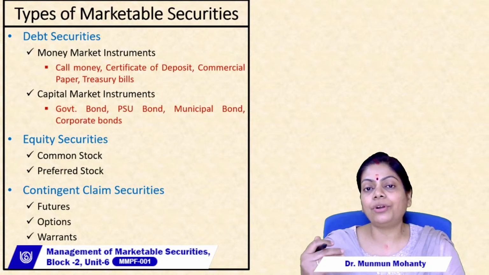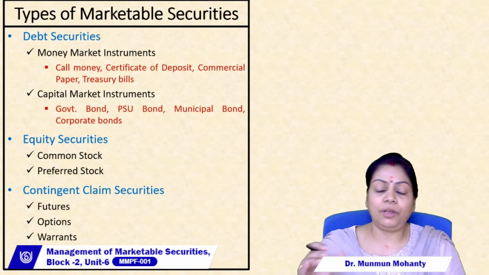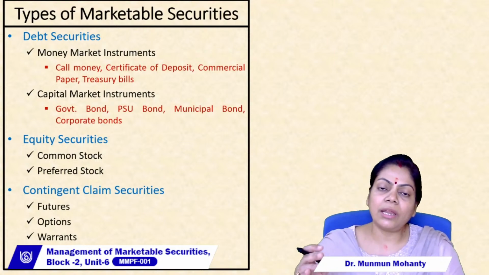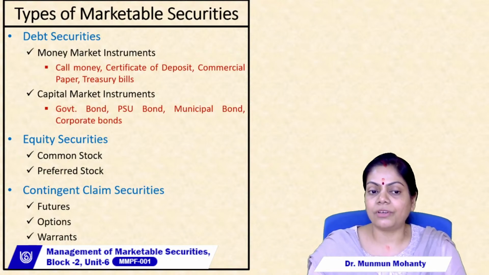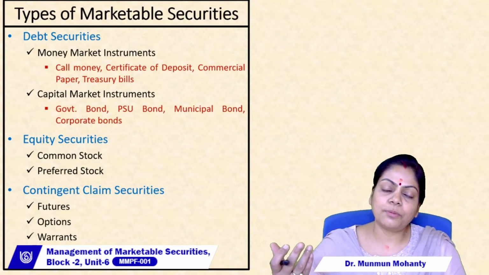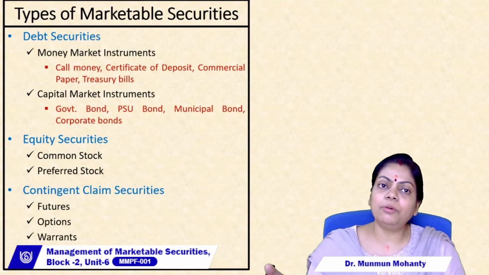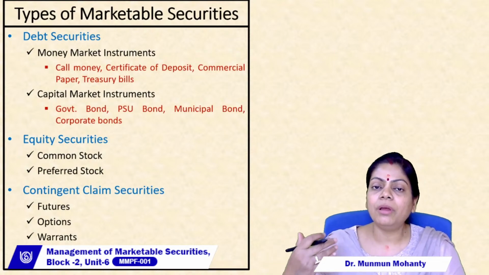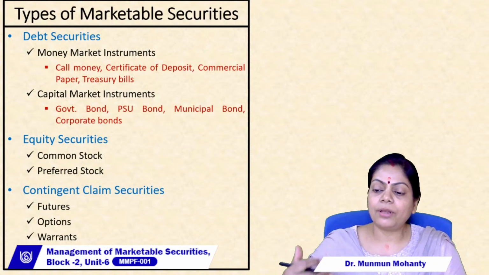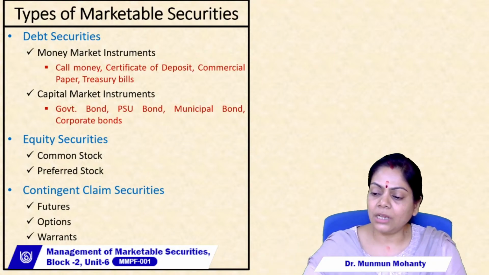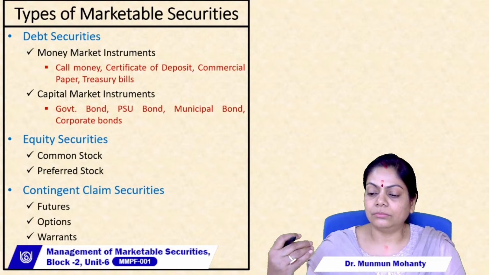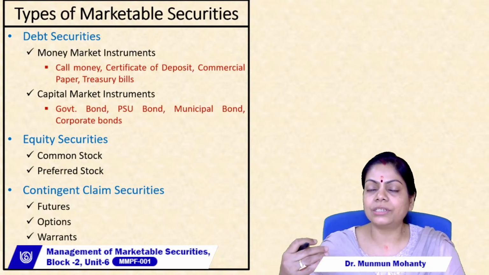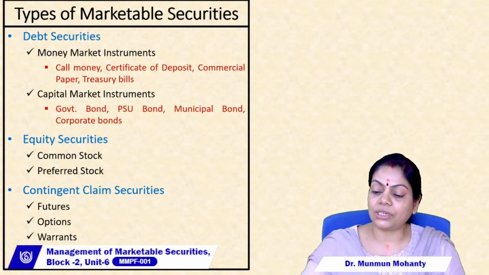It is usually not redeemed before maturity, but because it is negotiable, if you want liquidity before maturity, you can sell it to another investor, who will present it to the bank, and the bank will give him the interest plus the principal back. Usually certificates of deposit are non-discount: they are issued at face value only.